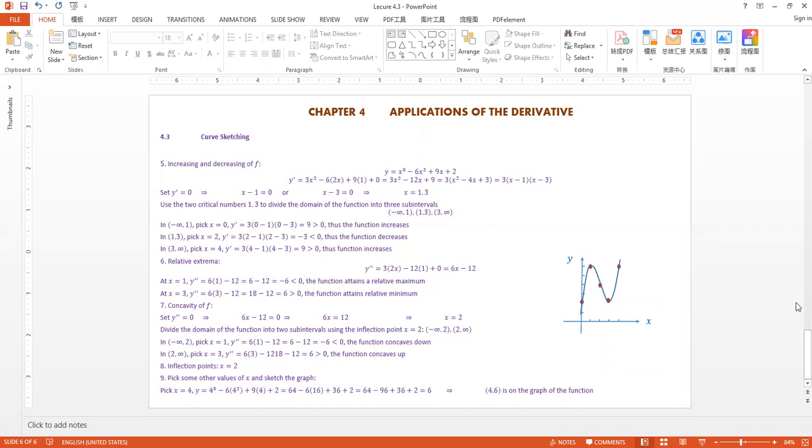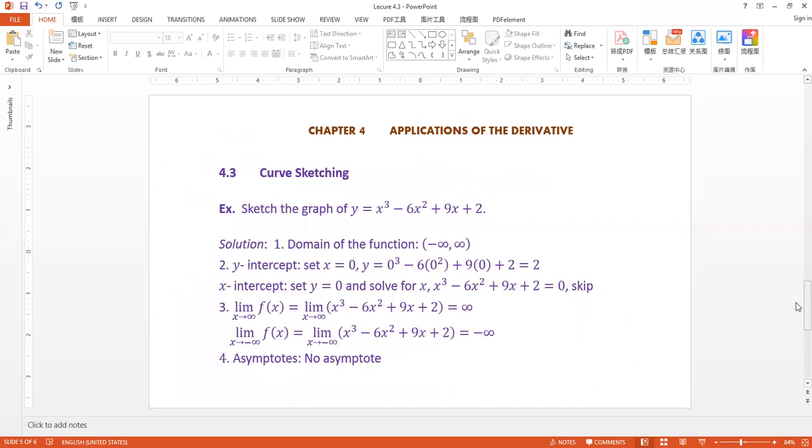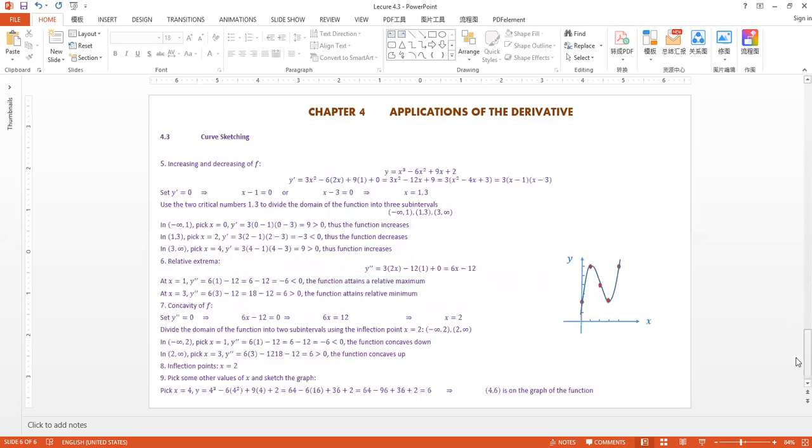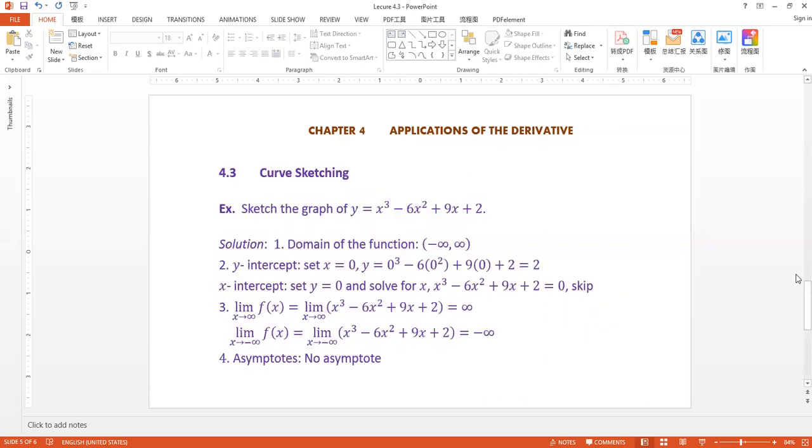We didn't do the x-intercepts. As x approaches positive infinity, f approaches positive infinity. As x approaches negative infinity, f approaches negative infinity. So the curve goes down on the far left and up on the far right. And there are no asymptotes.